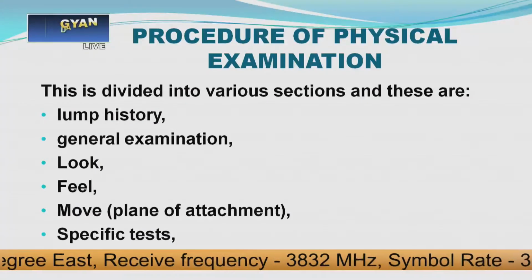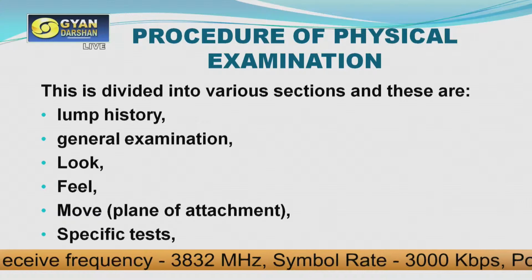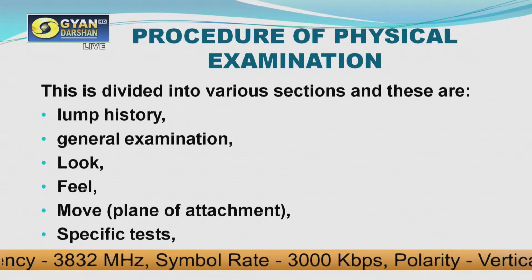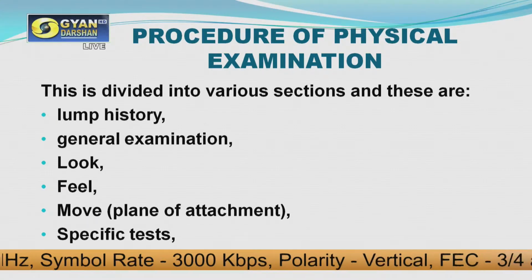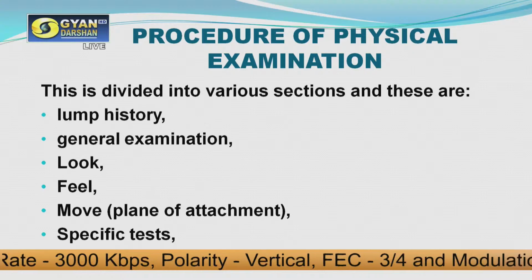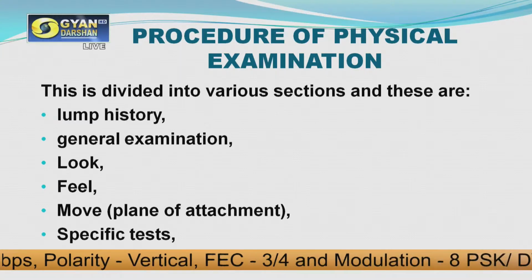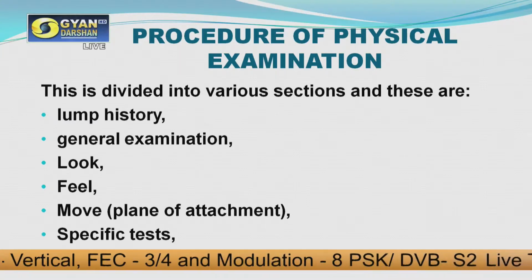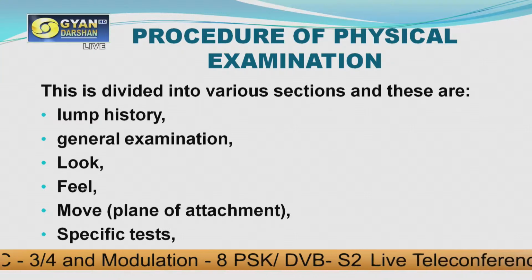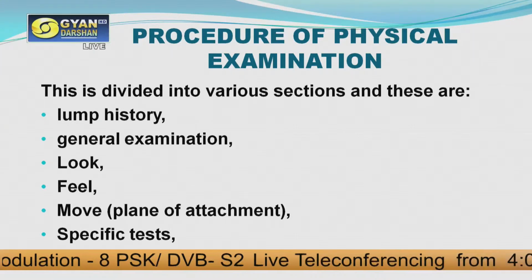When you are discussing with the patient about his problems, you are going to divide the examination into various sections. It can be taking lump related history, which I will be discussing. You are going to do the general examination also, then the inspection or observation of the lump.